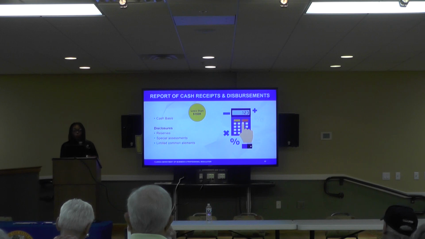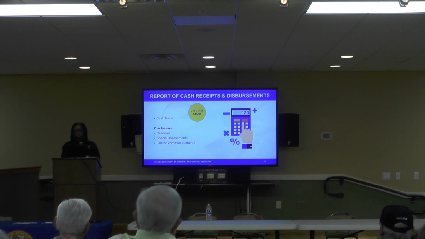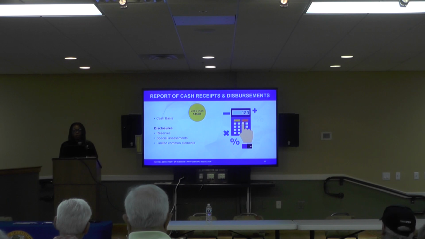It is reporting the receipts and expenditures as they actually occur. So when the money was received as revenue and when it was paid out as an expense. Cash basis refers to how the revenue is recorded on your income statement only when cash is received. Expenses are only recorded when cash is paid out.